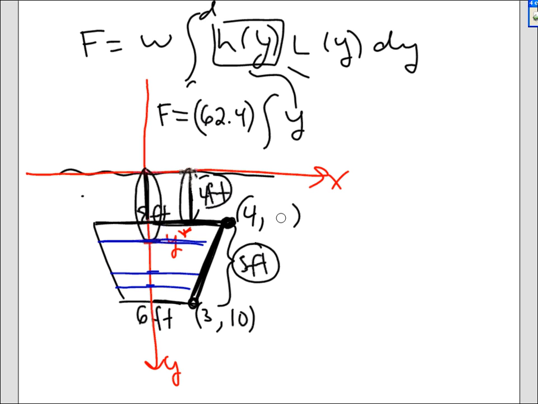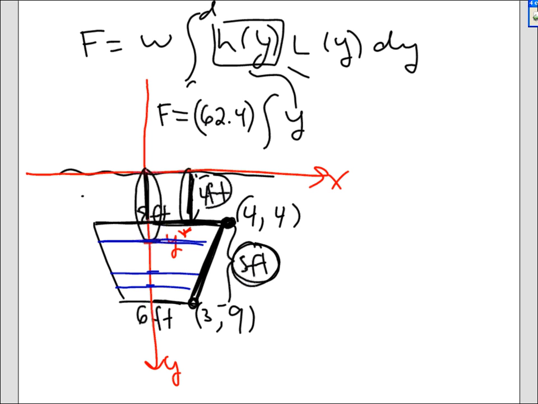That would make that point not 4, 5, but 4, 4. And the bottom is 5. You went down 4, and then you went down 5 more. You're at 3, 9. So I want to find the equation of that line.